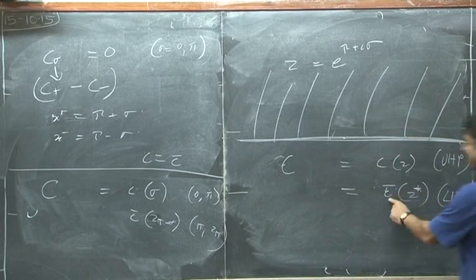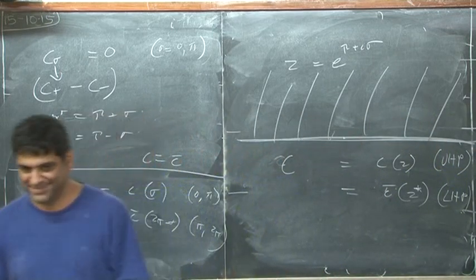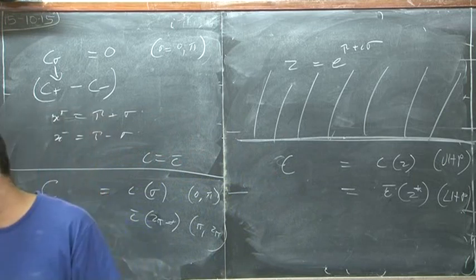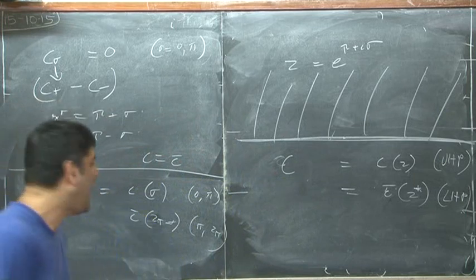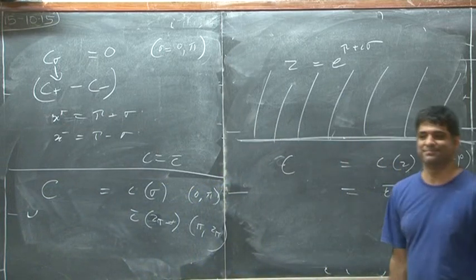Okay? You see, C bar was a function of Z bar. Therefore, C bar of Z star is a function of Z. So, this gives you a completely analytic function.